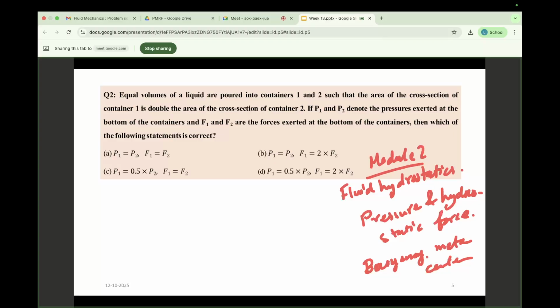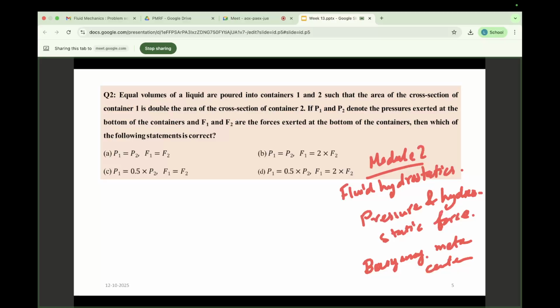For the immersed body, the total weight of the body is taken into consideration. But in case of a floating or partially submerged body, you have to take only the weight up to which it is submerged, so that area is taken into consideration. That thing we have also studied.